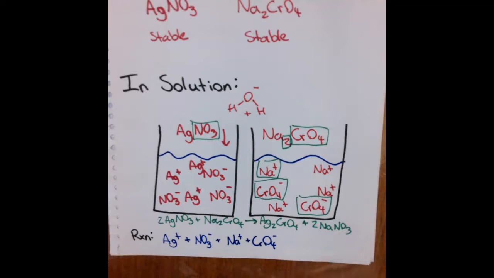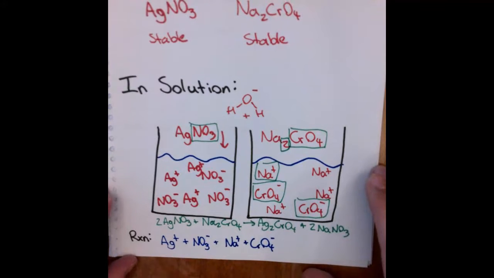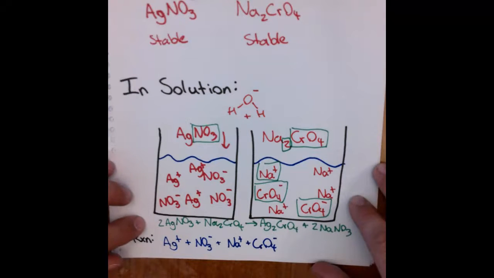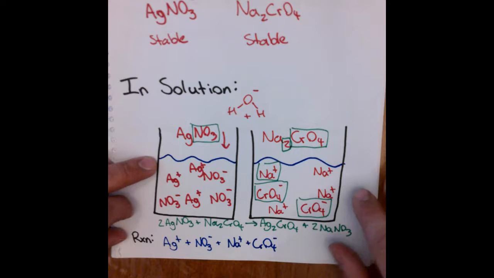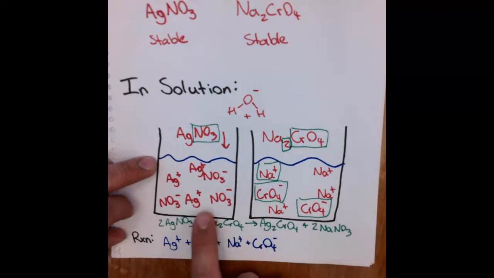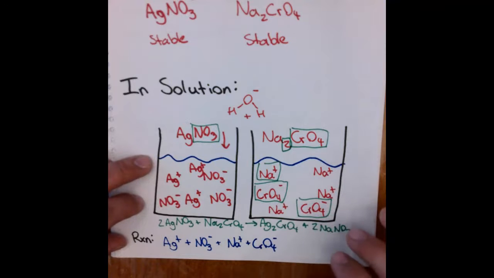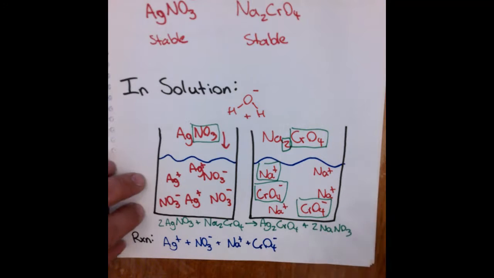It's very interesting that we can start looking at these things as ionic components and less as their original compounds, because our original compounds are not actually existent anymore in these solutions. Instead, they're just a bunch of different ions floating around in solution waiting for the opportunity to bond.